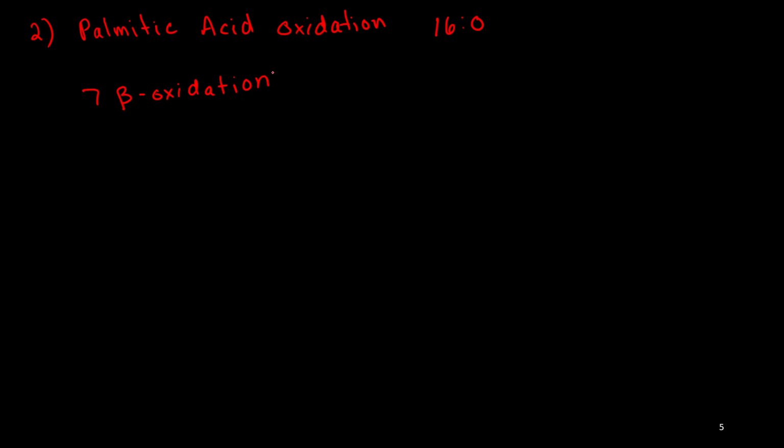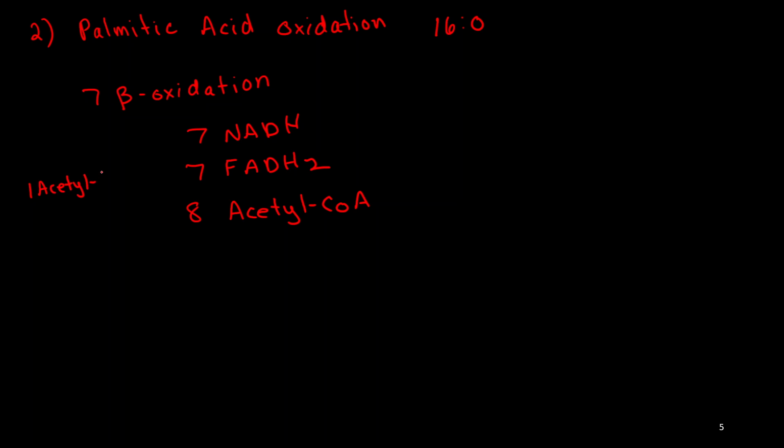So that means you're going to get 7 NADH. You're going to get 7 FADH2s. And you're going to get 8 acetyl-CoAs. 1 acetyl-CoA will enter the Krebs cycle and give you 3 NADH, 1 FADH2, and 1 ATP.